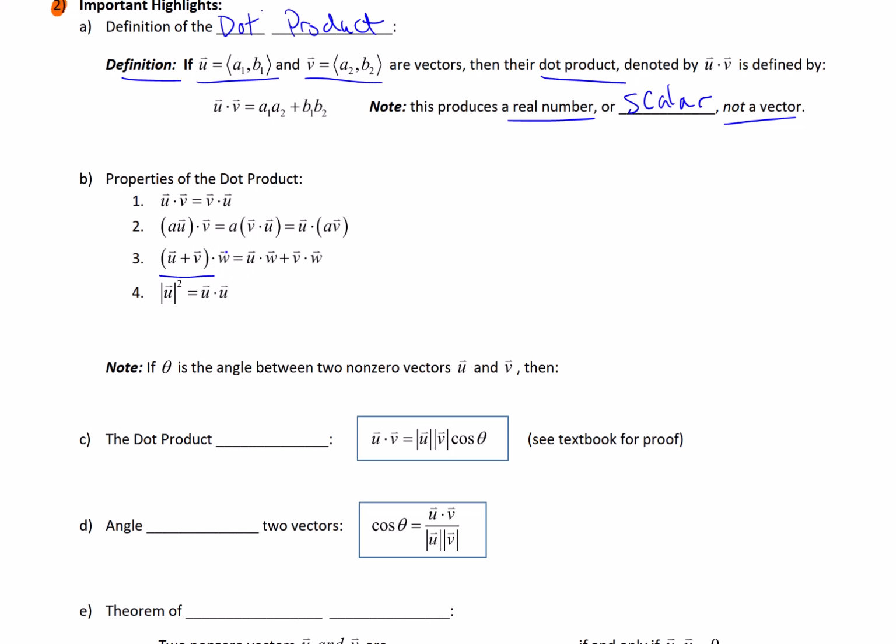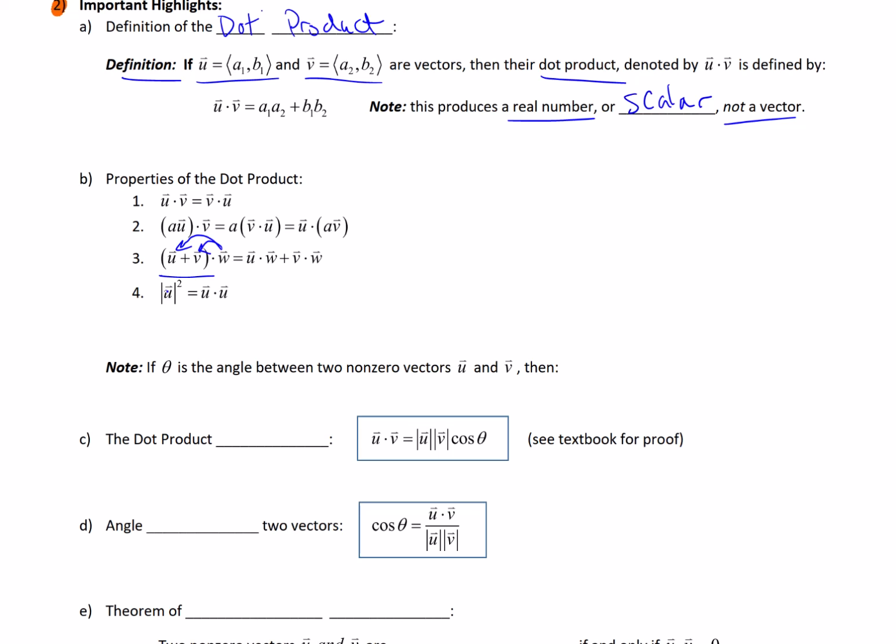It turns out you can distribute that vector w to both of the vectors inside the parentheses. So the result would be vector u dot vector w plus vector v dot vector w. And notice the order here. You're just distributing vector w into each of those vectors on the inside, and that's the result we get.